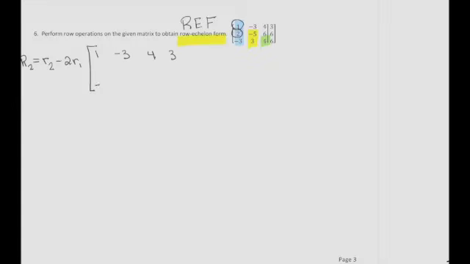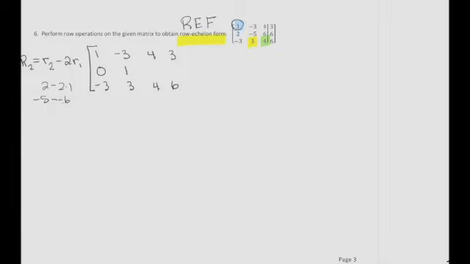Not changing row 3. Just changing the middle one. So it's going to be 2 minus 2 times 1. The next will be negative 5 minus 2 times negative 3. So it'll be negative 5 minus a negative 6, so we'll end up with a positive 1.